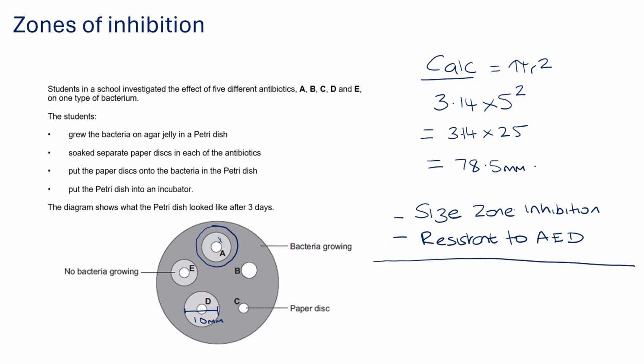Equally, another thing that quite often crops up is where they try to catch you out. And if you have a look at antibiotics B and C, neither of them have a zone of inhibition. So it could be concluded that both antibiotics were effective against the bacterium, but equally, if you look carefully, B is slightly bigger than C. And if it's slightly bigger, then that means it has more antibiotic on it.